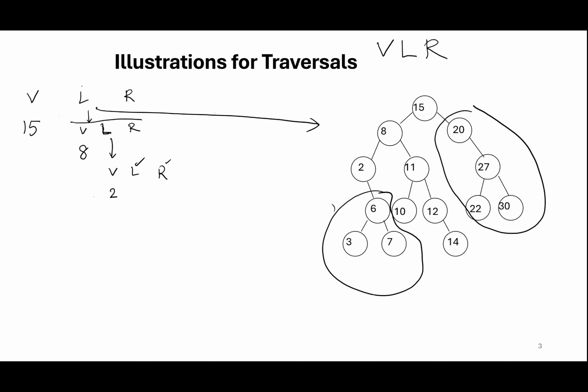So what's going to happen if I do it in this tree? Visit, left, right. This part is going to be 6, 3, 7. So far we have 15, 8, 2, 6, 3, 7.